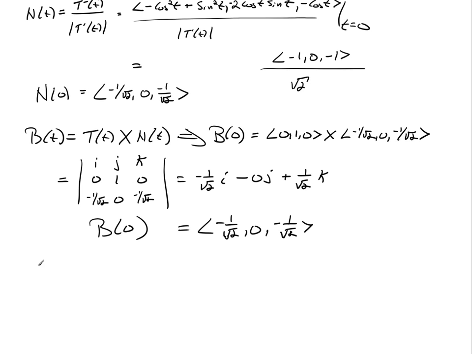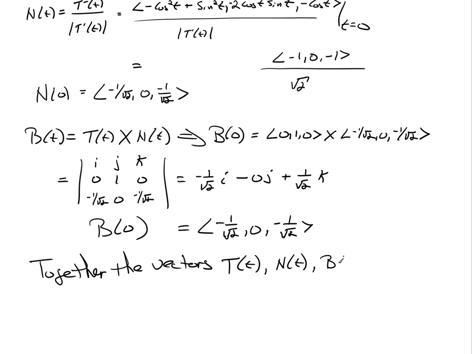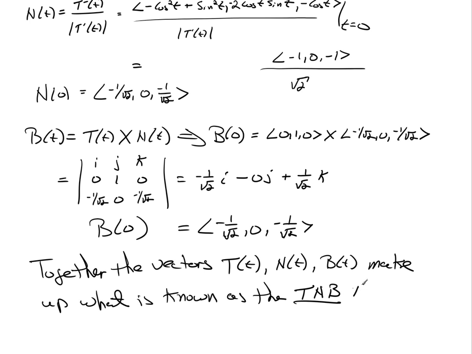Now, together, the very special vectors, the unit tangent vector, principal unit normal vector, and the binormal vector make up what is known as the TNB frame, obviously TNB.